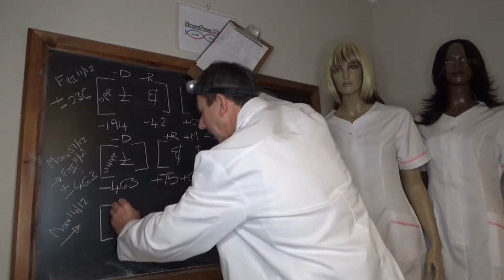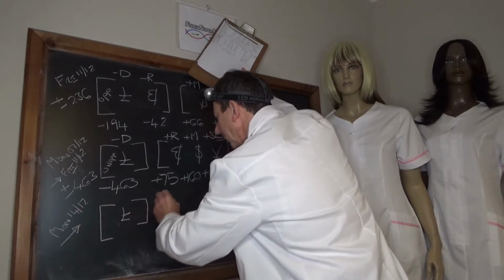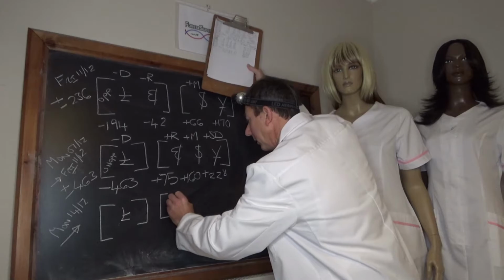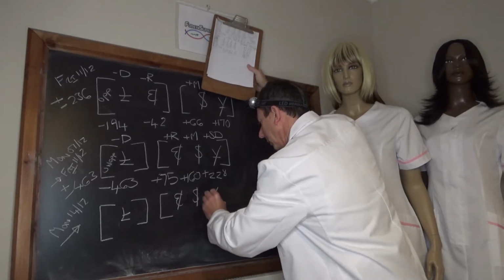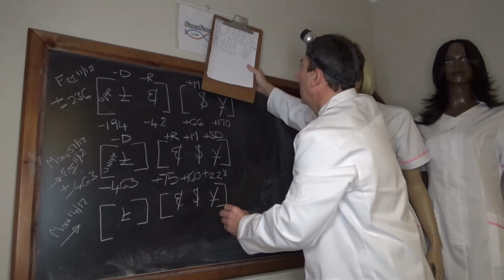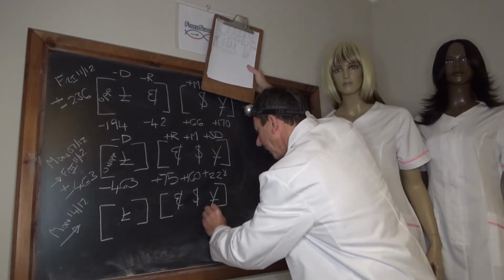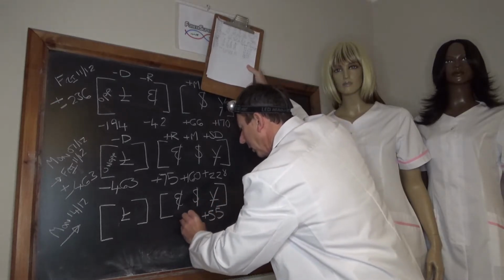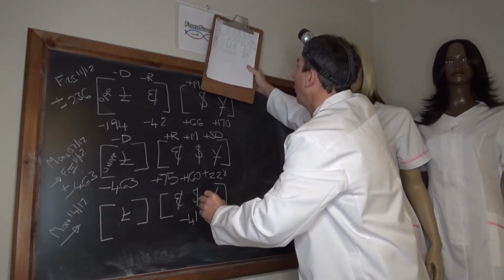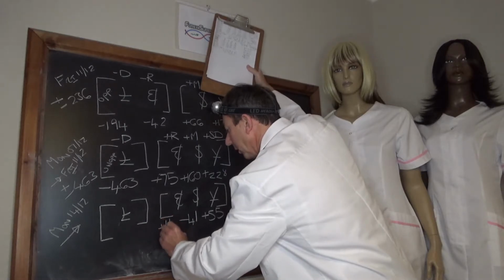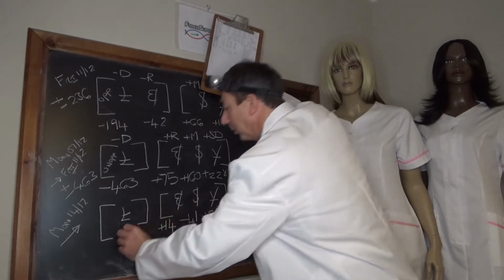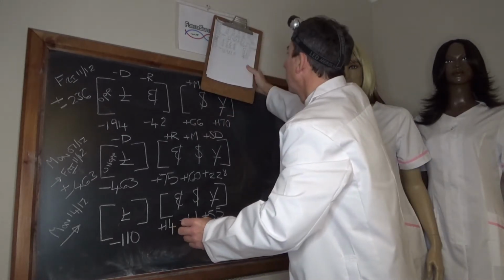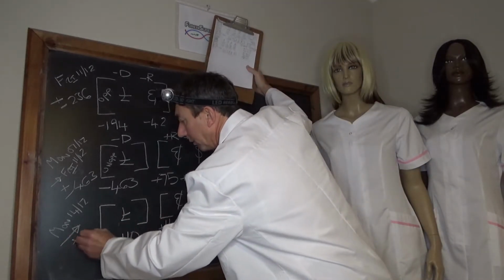So we've got the pound again on the negative, euro, dollar, yen on the positive, plus 55 on the yen, minus 41 on the dollar, plus 14 on the euro, and minus 110 on the pound, and that's on activity of plus or minus 110.